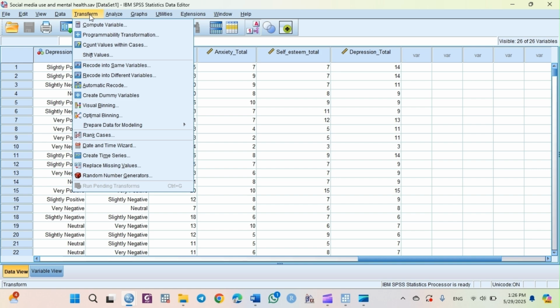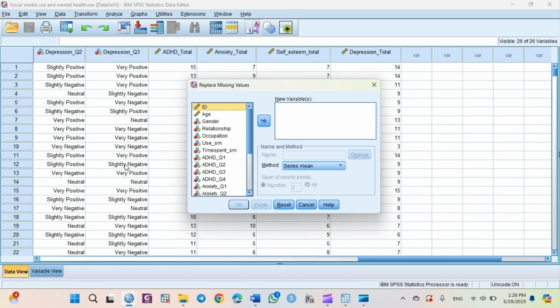In SPSS, you can replace missing values. There's an option to replace them by series mean, mean or median of nearby points, linear interpolation, and linear trend. How to choose that? It has its own science. If you are interested, I can create another video for that.